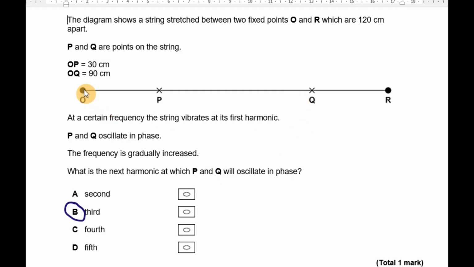Well, we're going to produce a standing wave here because the points O and R are fixed. And if I look at a standing wave, let's draw a standing wave made of two wavelengths. There are points on the wave where the amplitude is always zero. These are called nodes.